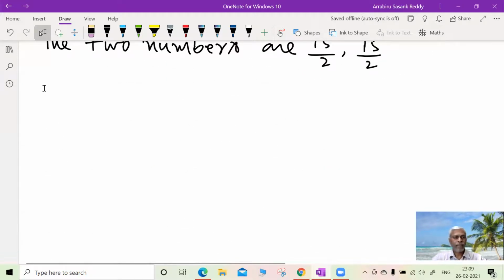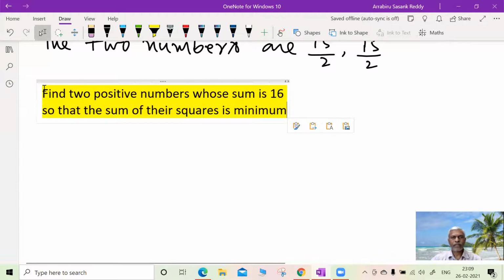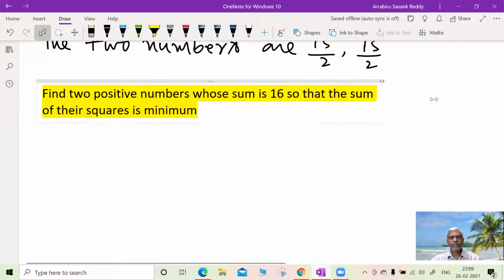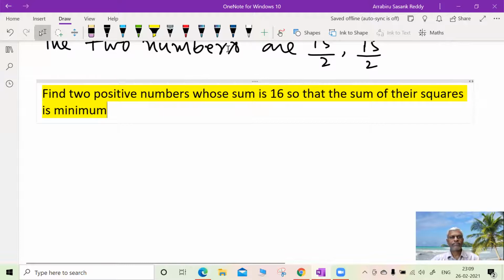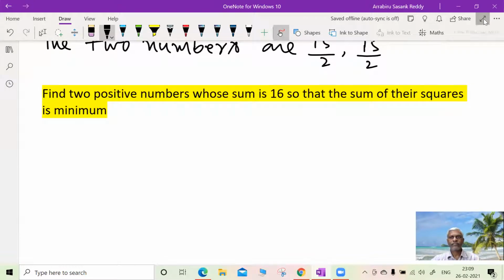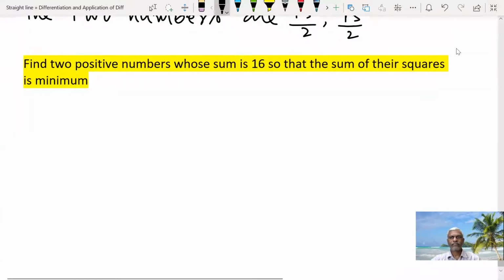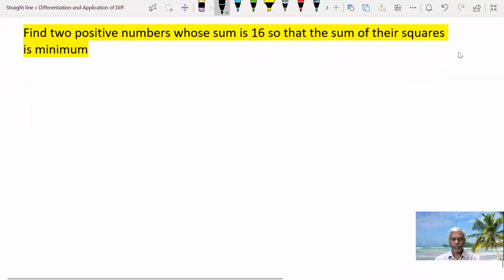Let us practice this also. Same problem, only instead of 15, here 16 is there.